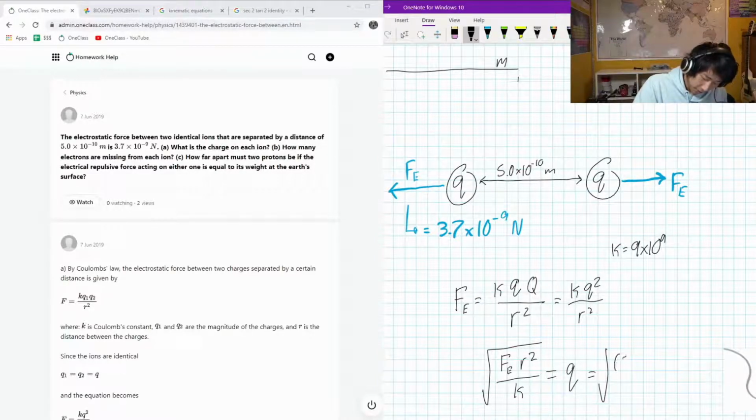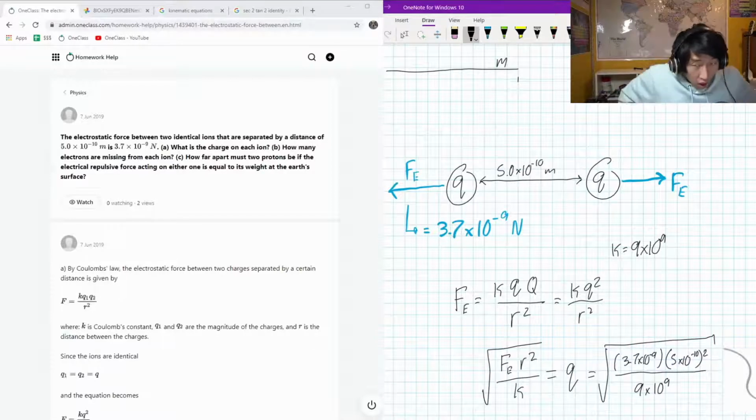Okay, let's sub in our numbers. 3.7 times 10 to the negative 9 times our distance of separation, so that's 5 times 10 to the negative 10, but all squared, all divided by 9 times 10 to the 9, and that's all under the root. I'm going to pull out my calculator and figure out what this calculation is.